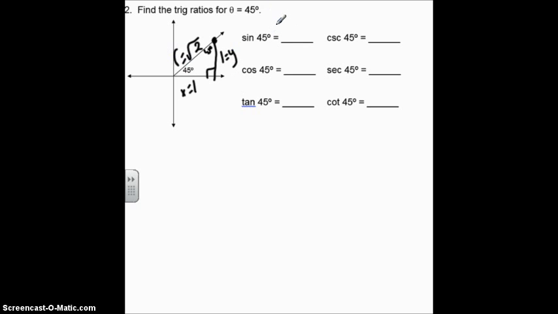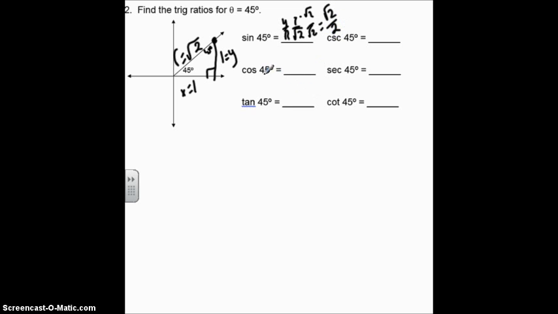So the sine of 45 degrees, because it's y over r, would be 1 over the square root of 2, which we would multiply the numerator and denominator by square root of 2. So we get the square root of 2 over 2.